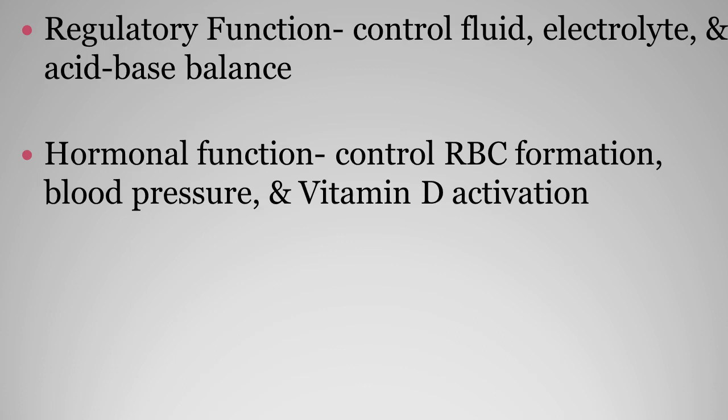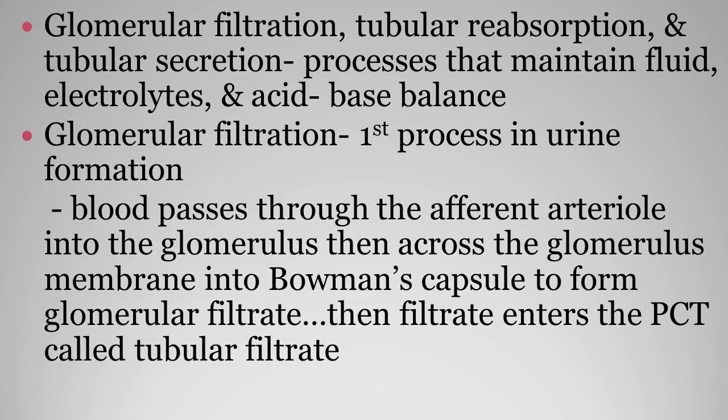Urine formation is accomplished entirely by the nephron through 3 processes: glomerular filtration, tubular reabsorption, and tubular secretion. Through those 3 processes, that's what helps to maintain fluid, electrolyte, and acid-base balance. So let's talk specifically about each one of these processes.